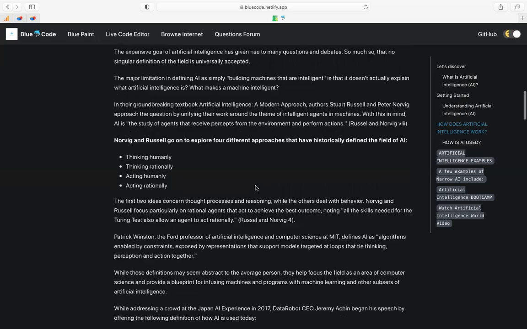What is thinking humanly? For you to build an intelligent system, it should have the ability to think like a human. That should be a core characteristic of the model you are building, either you are building it into a robot or you are building a data model. You train the data model. Whatever you build, if it is able to think like a human, you can refer to it as artificial intelligence.